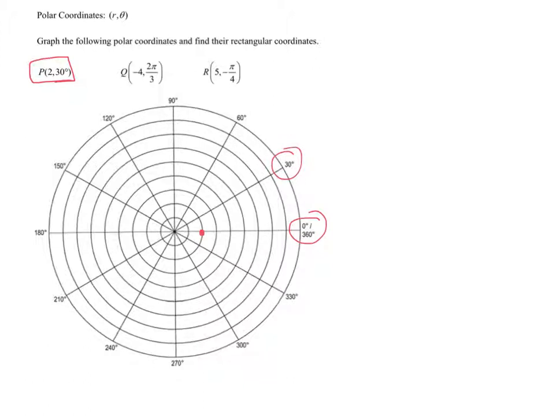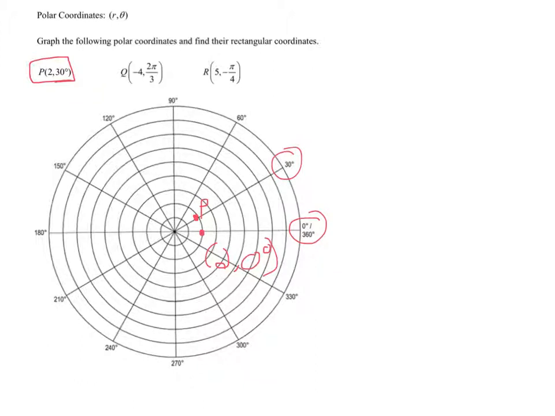So we go from 2 comma 0 degrees and move up along that circle to 2 comma 30 degrees, and that is point P. So find a circle with that radius and then go counterclockwise, like we've been doing, to get to that angle, and that's 2 comma 30 degrees.